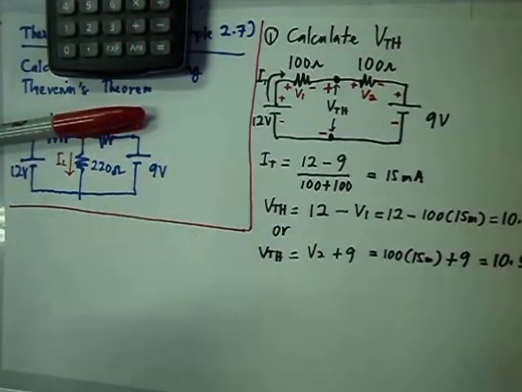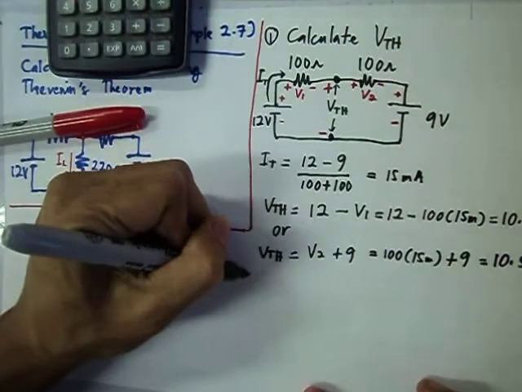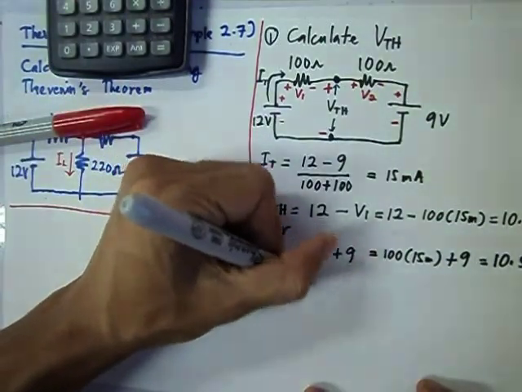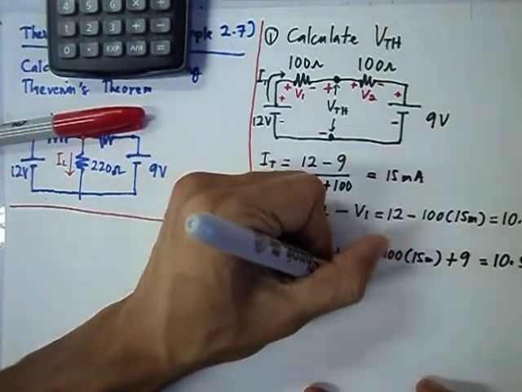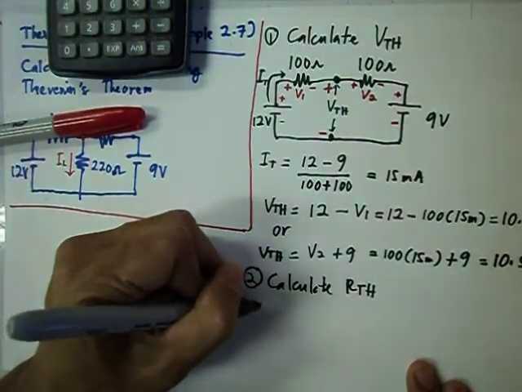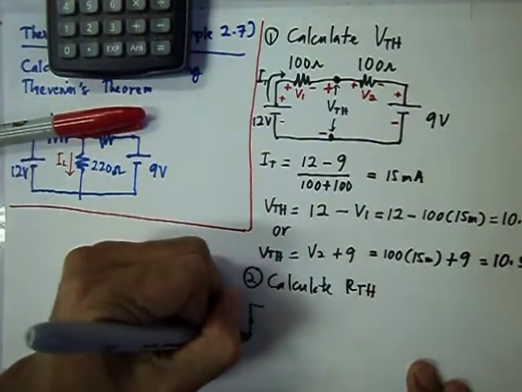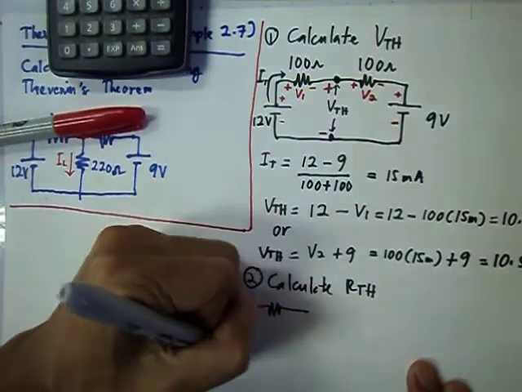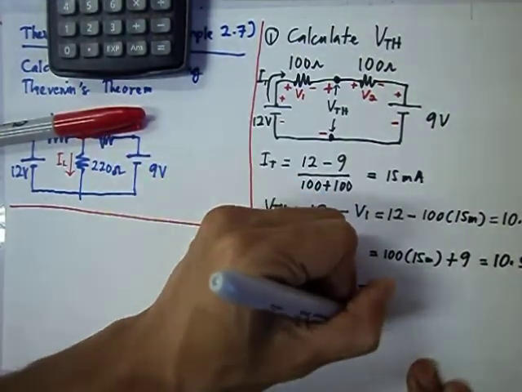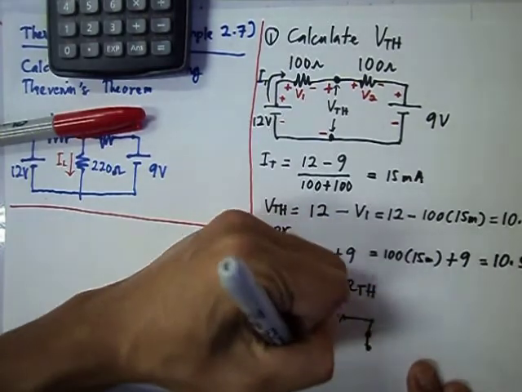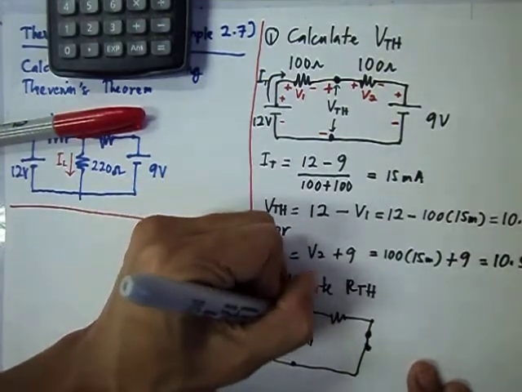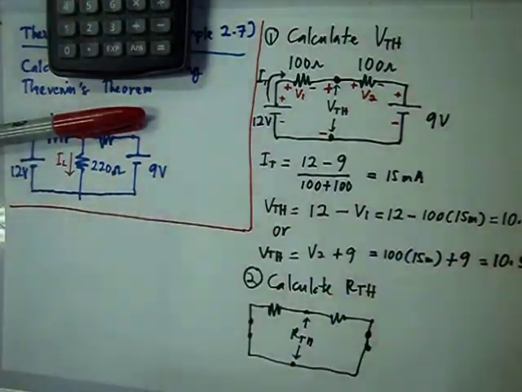Now we already have VTH, so let me go to the next step, calculate RTH. For RTH, we remove the supplies from the circuit, then we draw it back, leaving an open point here. Our RTH is across the two points.